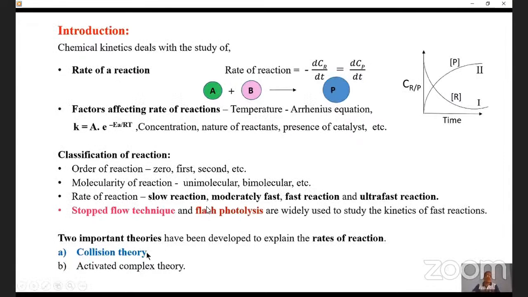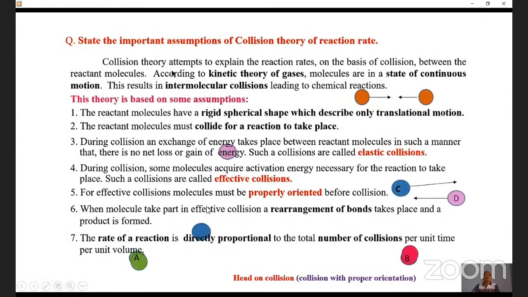Let us discuss the collision theory in detail. Collision theory attempts to explain reaction rates on the basis of collisions between the reactant molecules. To understand this, consider a large container confined with a gas.